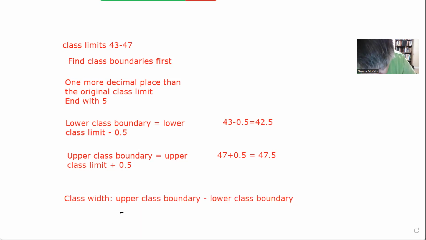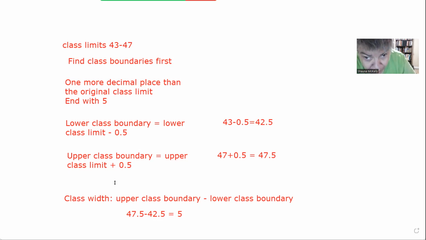That's going to be 47.5 minus 42.5, and you should get 5 units. 47.5 minus 42.5 leaves you 5. And that is my class width.